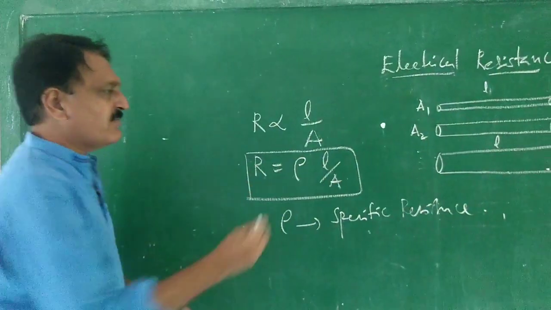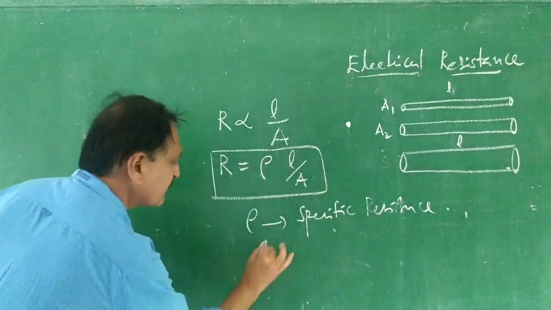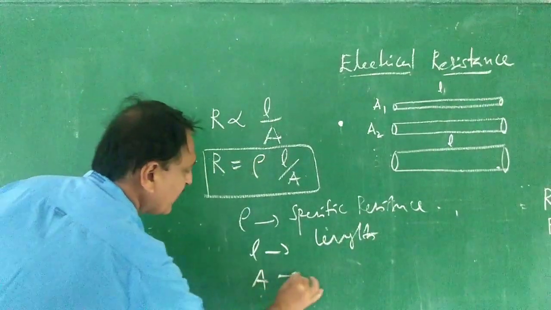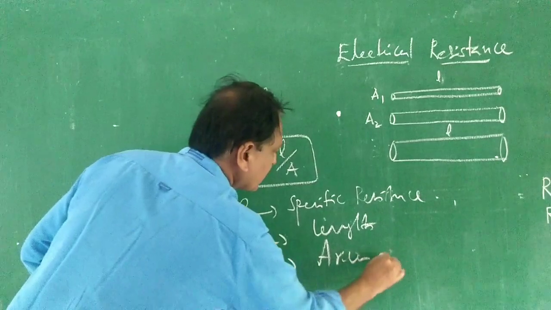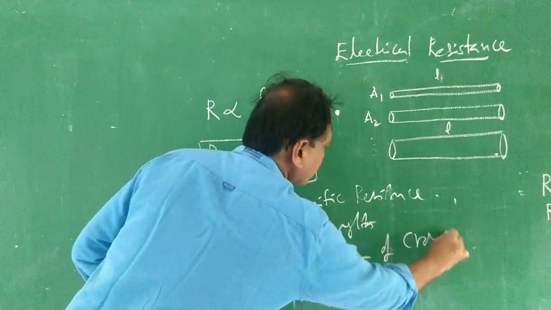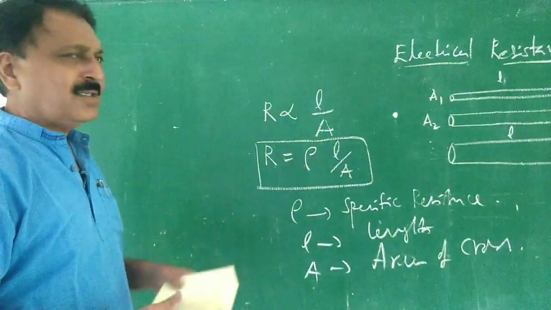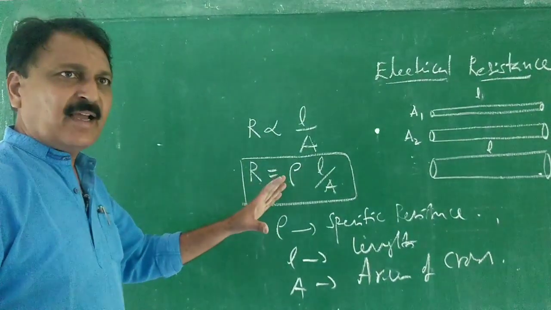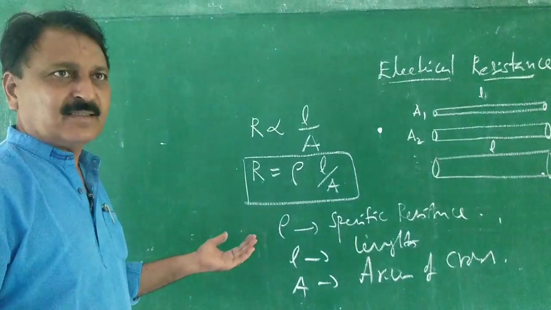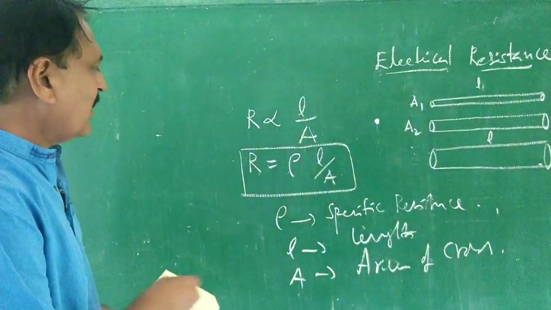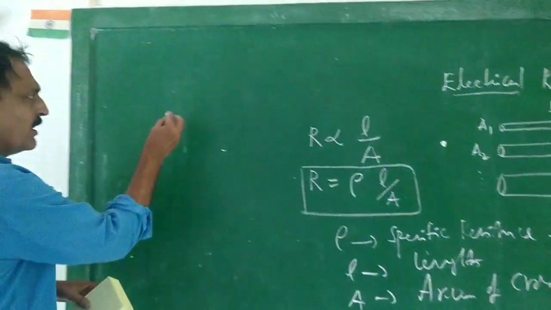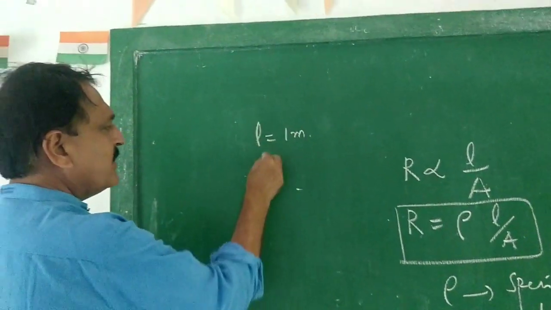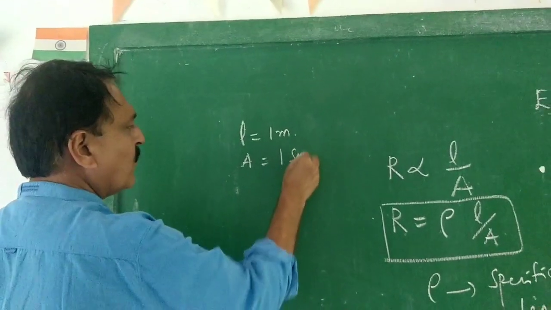L is the length of the conductor. A is the area of cross section. Finally, let us see what specific resistance is and find the definition for it. What I will do is, I will make L equal to 1 meter, A equal to 1 square meter.